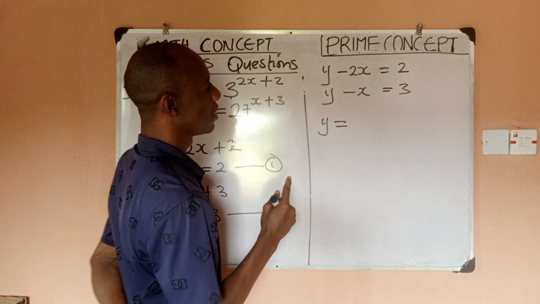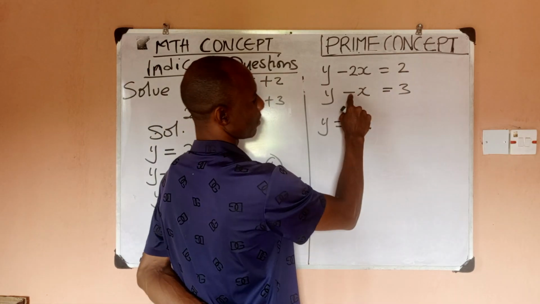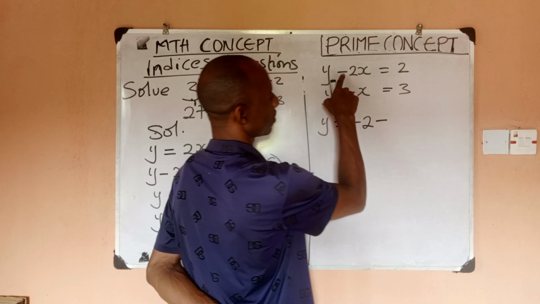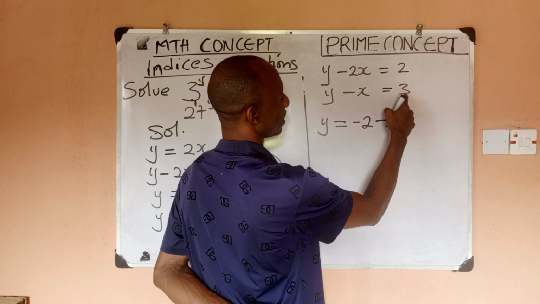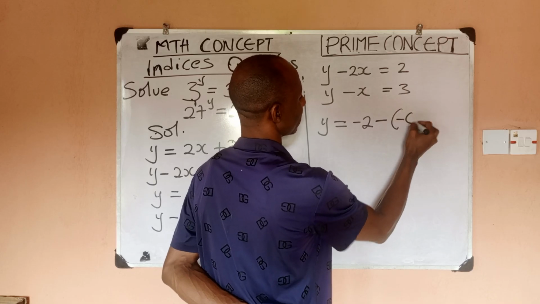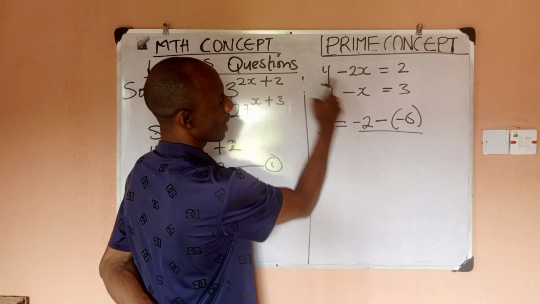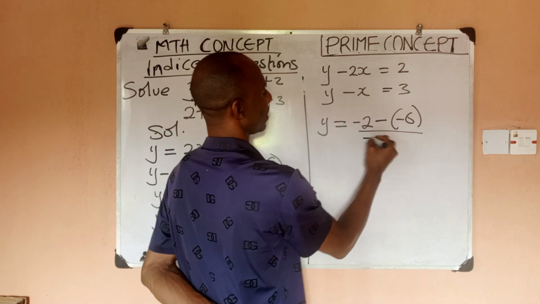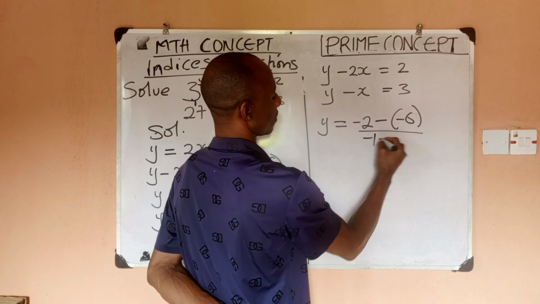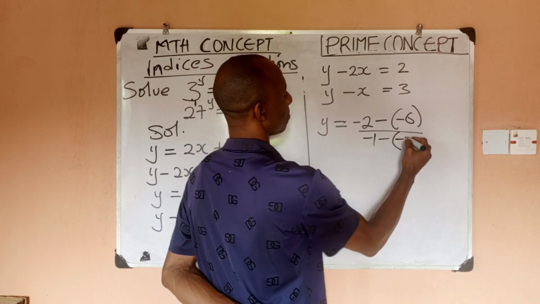What I would simply do is to say 2, this constant, times minus 1 is minus 2, then minus this times this is going to give me minus 6, all divided by the coefficient here, which is 1 times this is minus 1, then minus the coefficient here times this, which is minus 2.